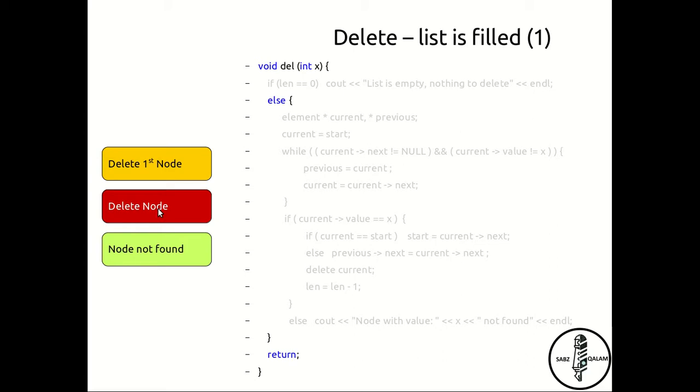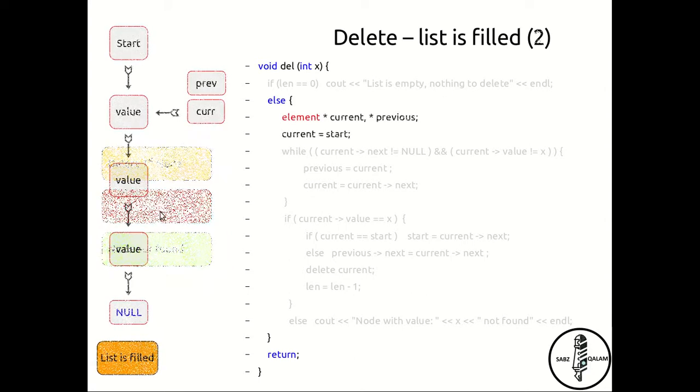Again, I'm using the word node and element interchangeably. Every component of the linked list, I'm either saying it's an element or I'm just using the word node. Okay, so when the list is filled, you actually need for this particular function not 1 but 2 pointers. The first pointer is going to store the current location, and the other pointer titled previous will store the component of the list previous to the current one.